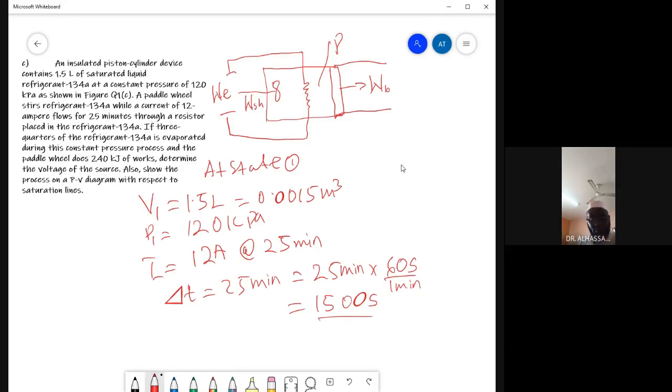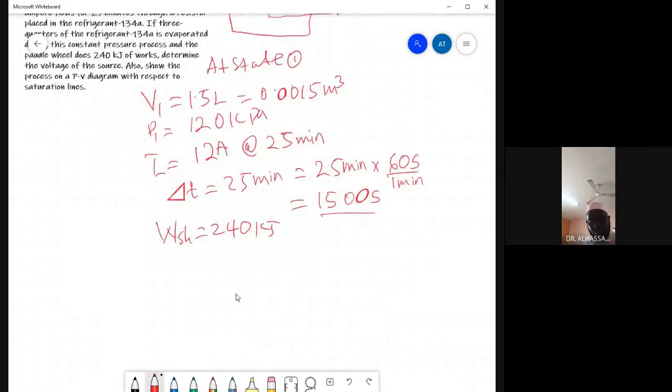And again, the work done by the shaft, W shaft, equals 240 kilojoules. Next, we want to determine the voltage of the source. Also show the process on a PV diagram.